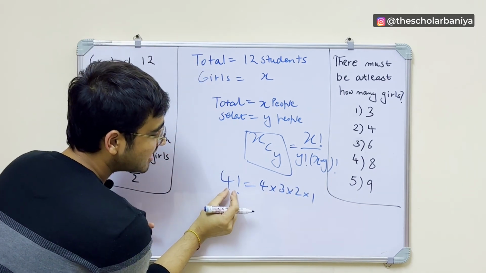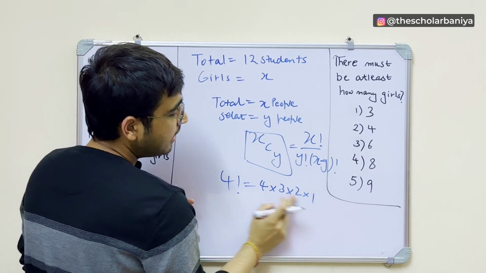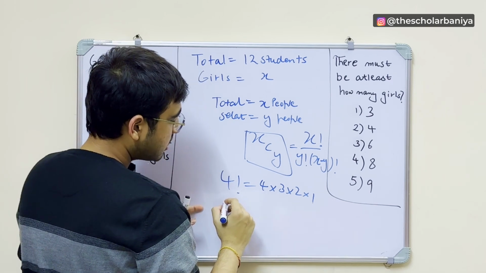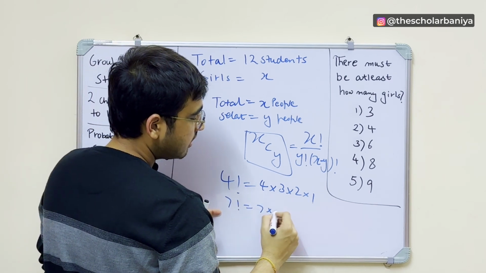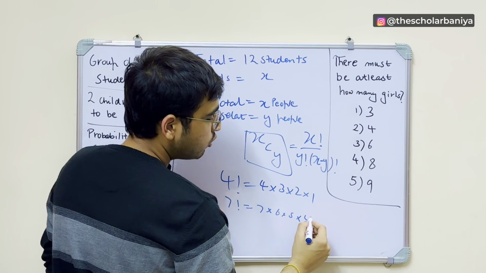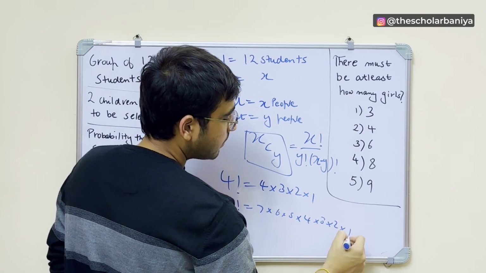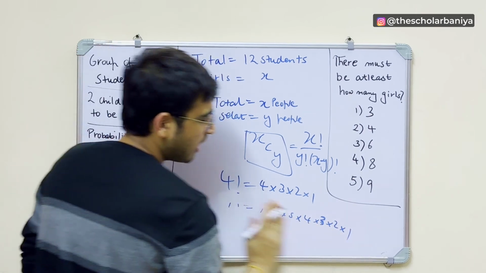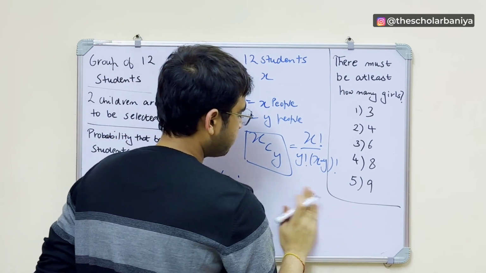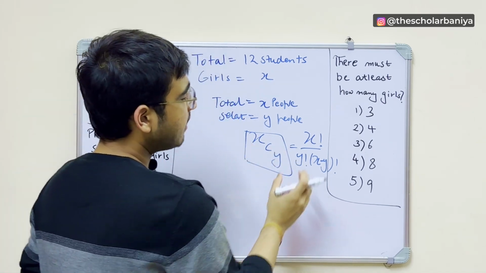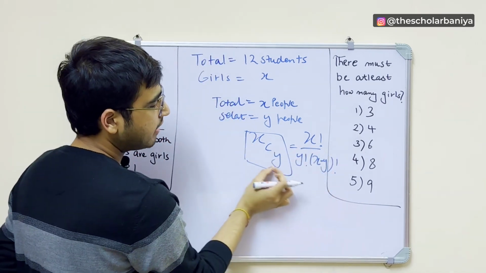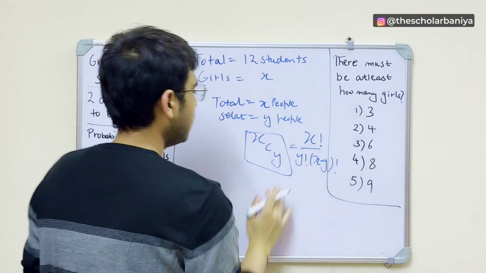So basically you take this number and you multiply it down till 1. For example, 7 factorial is 7 into 6 into 5 into 4 into 3 into 2 into 1. I hope all of this is very basic. So XCY is X factorial upon Y factorial and X minus Y factorial, right? Okay.